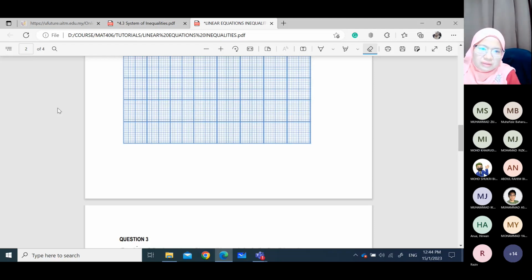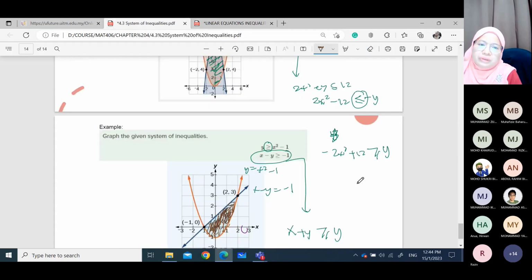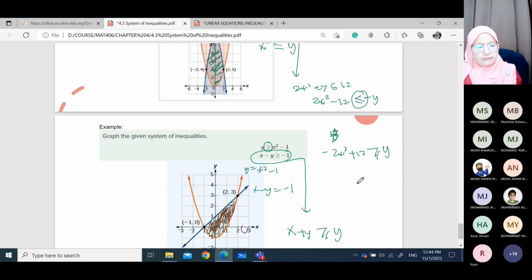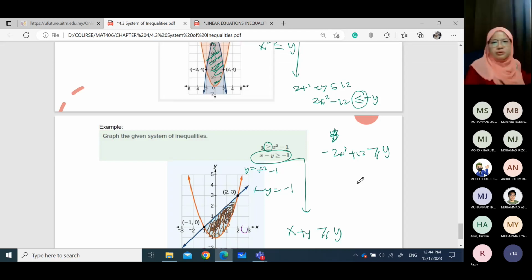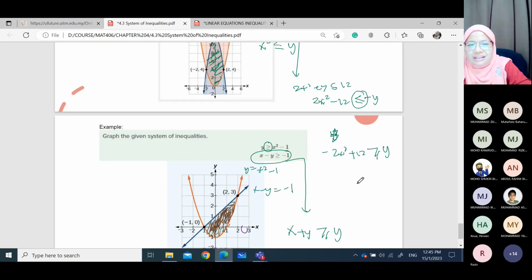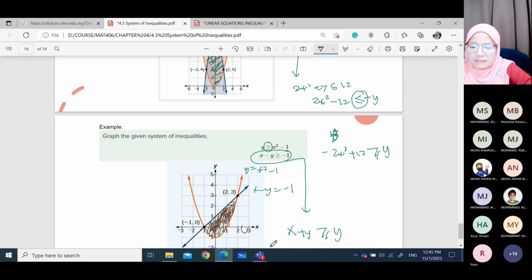Try buat. Okay. So kalau you nak extra slot untuk bincangkan inequalities, boleh, tak ada masalah, just bagi tahu dekat group bila kita nak buat. Okay? Boleh je. Right, ada apa-apa nak tanya sebelum kita tamatkan kelas kita hari ni?